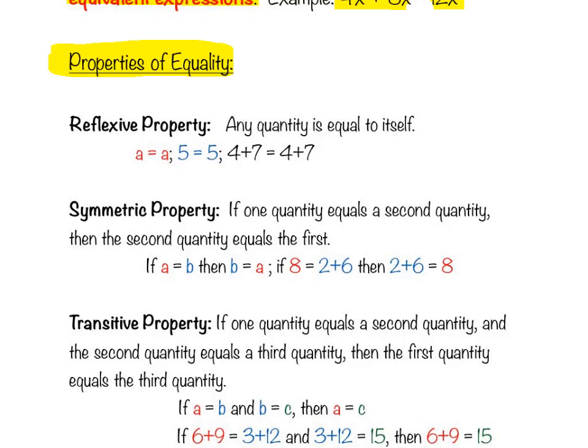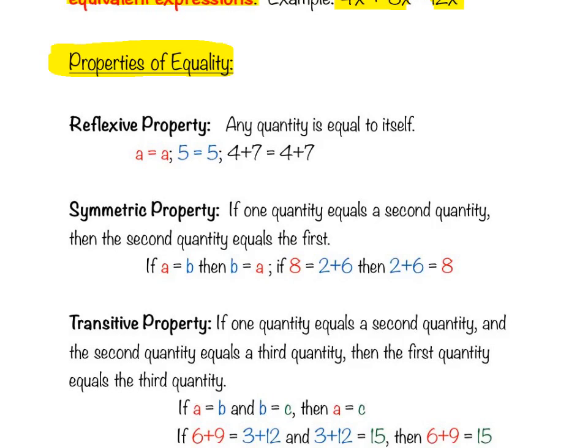Of course, you already know that, but you didn't know it was a property. You probably didn't know its name. Reflexive property. I like to think of reflexive as reflective. Same thing on one side as on the other. A equals A, 5 equals 5, 4 plus 7 equals 4 plus 7.